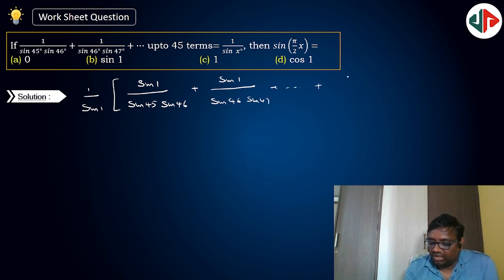For the 45th term, the value will remain sine 89 degrees into sine 90 degrees.